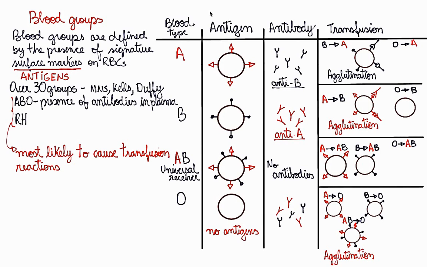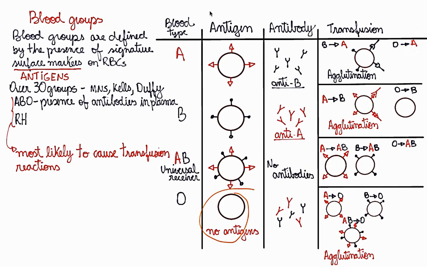Now, what happens when blood type O is given to type A, to type B, and to type AB? Let's see. When a person of type O donates blood to a type A, it's donating red blood cells that have no antigens associated with them. Because it has no antigens, the antibodies present in the receiver's plasma will not react to those.